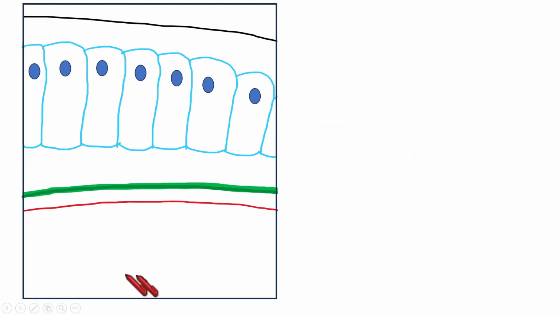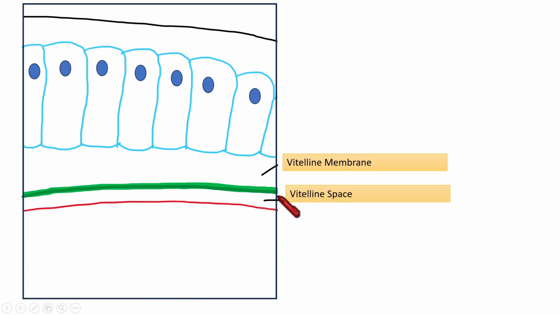Here we can see this much area. This is the oocyte, and this space is the pre-vitelline space, and this membrane is the vitelline membrane. These are the follicle cells, and all these portions are part of the dorsal side of that egg.